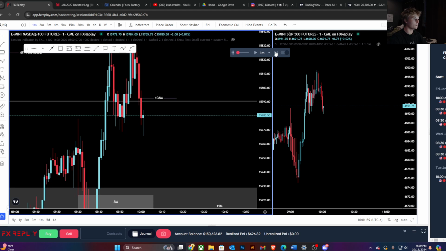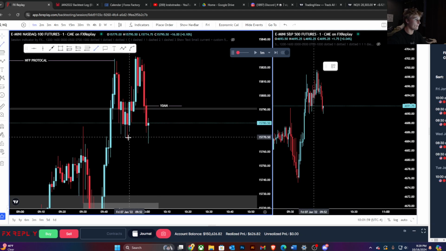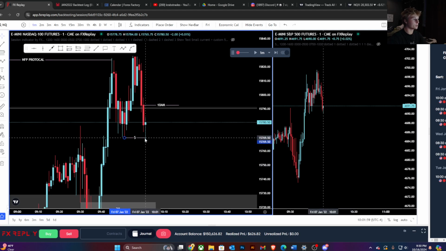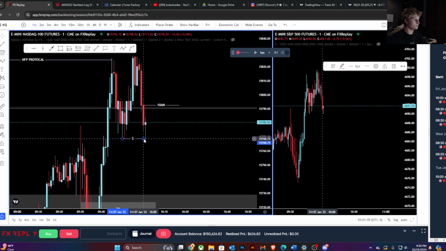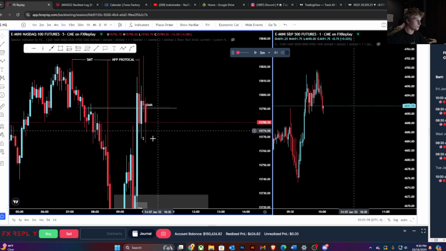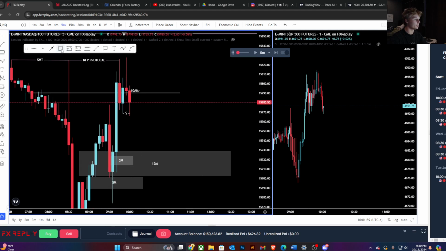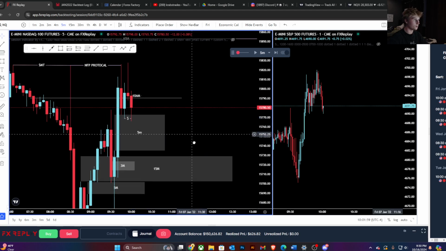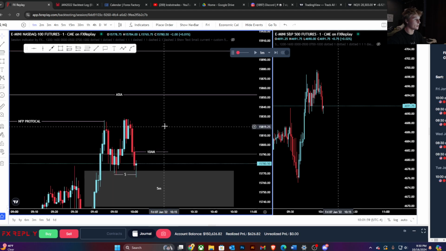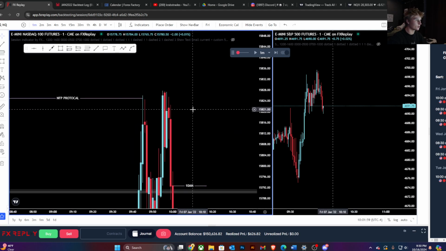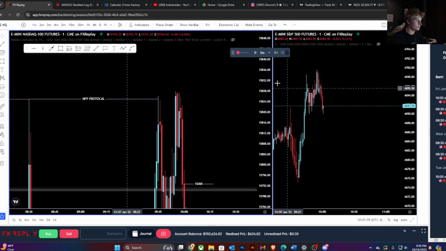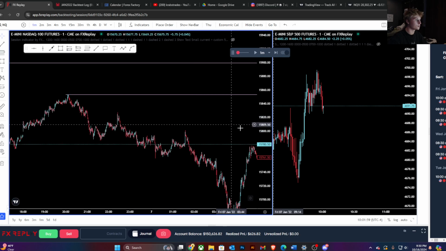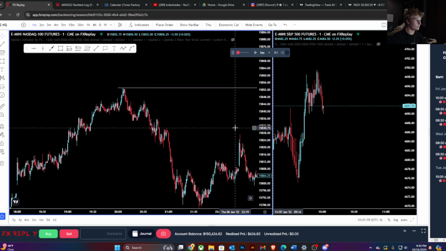Opening up lower. Took out liquidity. Let's see if we tapped into a gap, or we did tap into this 5 minute here. Thing is though, for longs, I don't really have any targets for my model, unless we got some equal highs up here. Let's see.